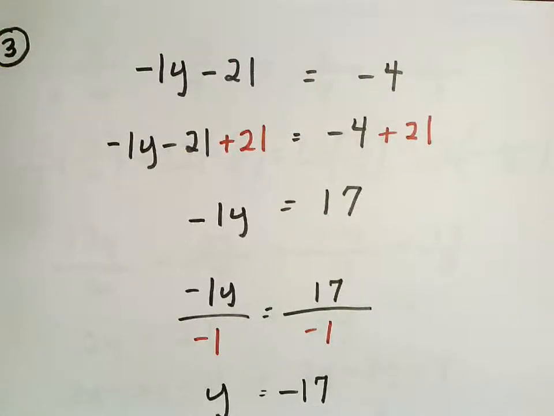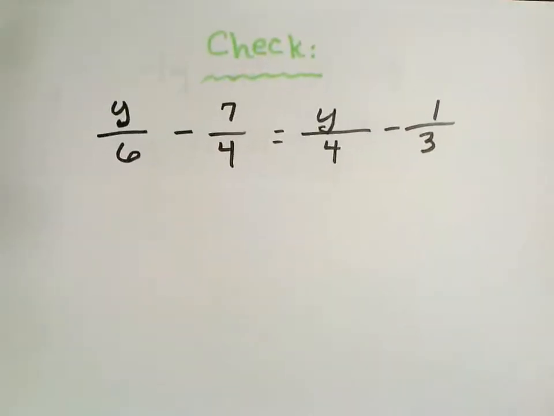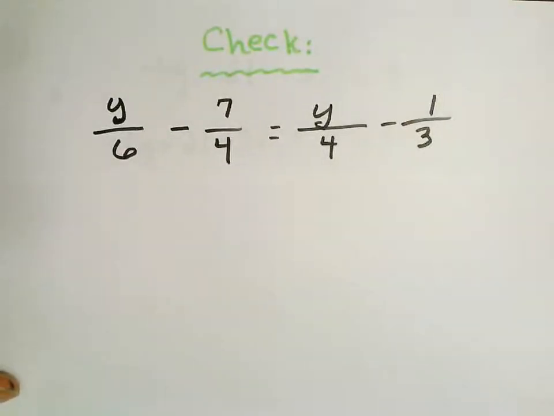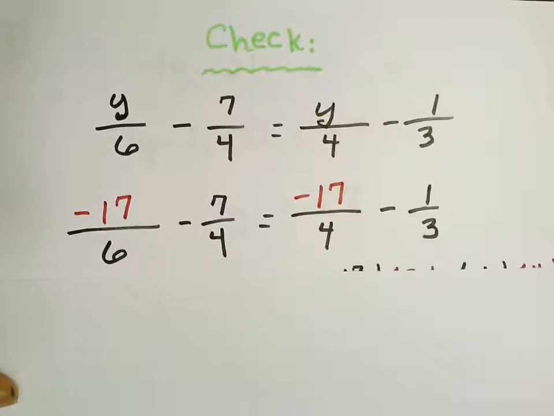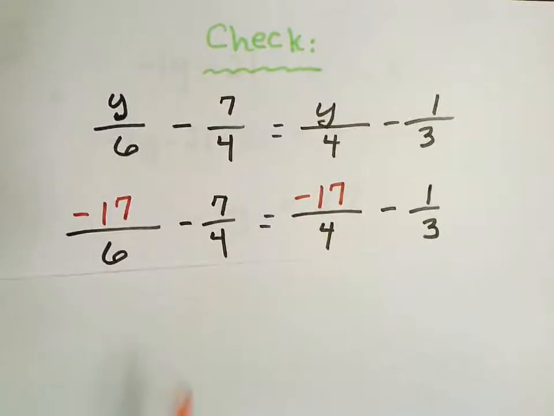And when we get the solution, remember we have to go back and check this. And when we check, remember to rewrite the original equation. And wherever we see the y, we put a negative 17, which is what I've done here. We have to work with each side separately to show that each side is equal to the very same thing.